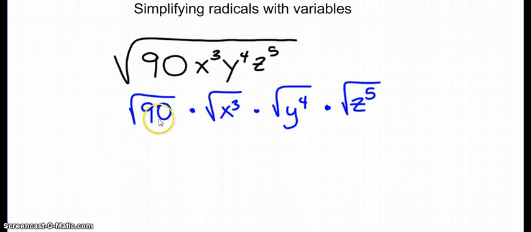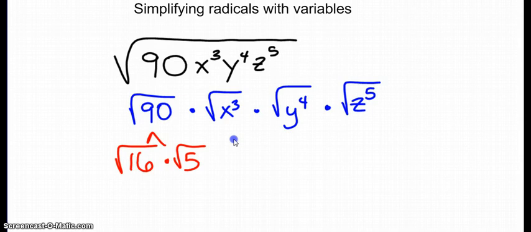So the biggest perfect square factor of 90 is 16. So 16 times 5, root 16 times root 5 is root 90. Root x to the third, the biggest perfect square factor of x to the third is x squared.